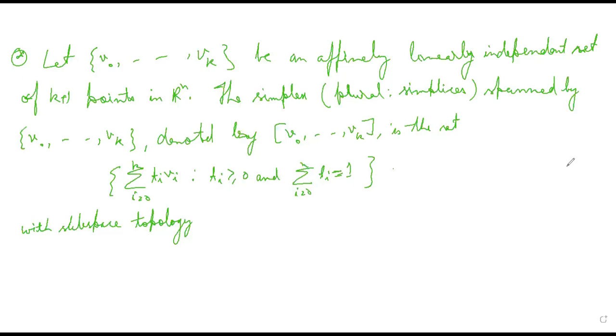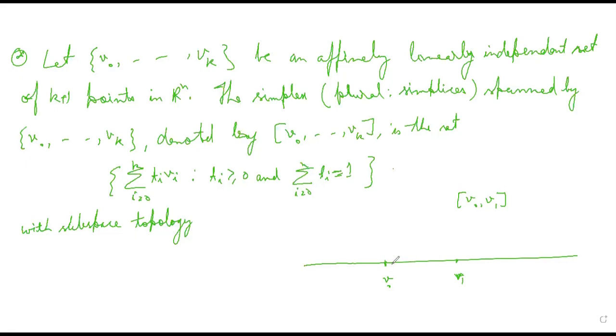Suppose you are in R1. If you choose a point V0 here, and another point V1 here, then of course V0 and V1 will be in general position. Now, what is this simplex V0 V1 in this case?